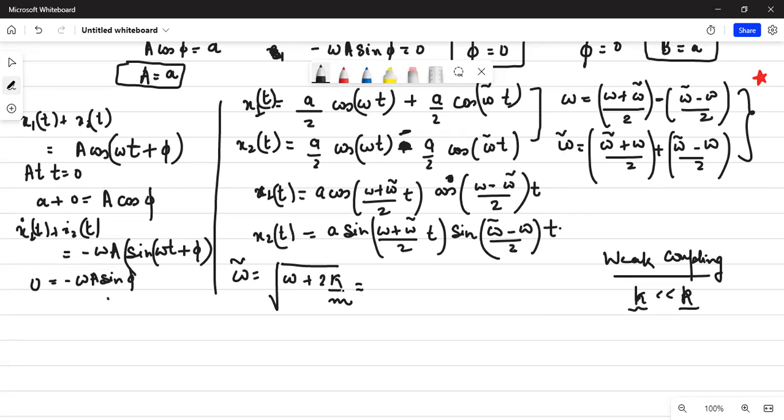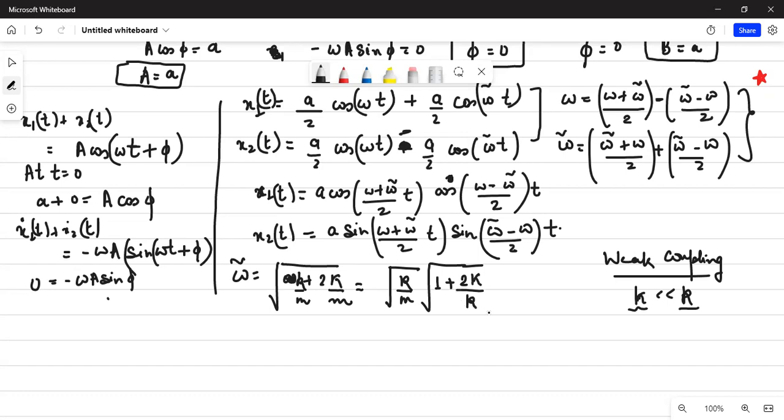So instead of omega, I'll write small k upon m. If I take this root over small k upon m, what will I get? I'll simply get root over 1 plus, there would be some 2 kappa upon k. Is that clear?